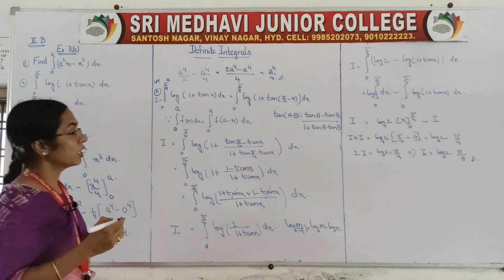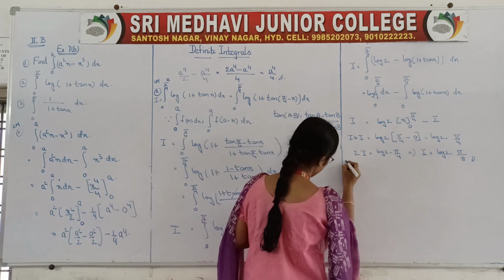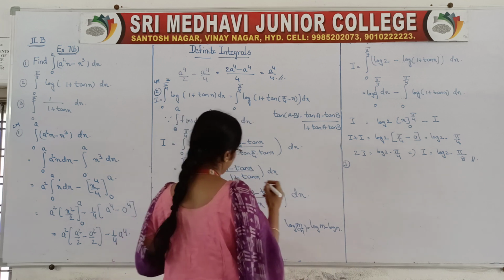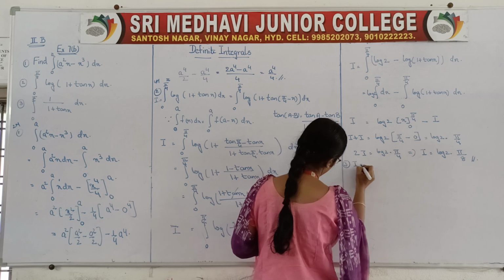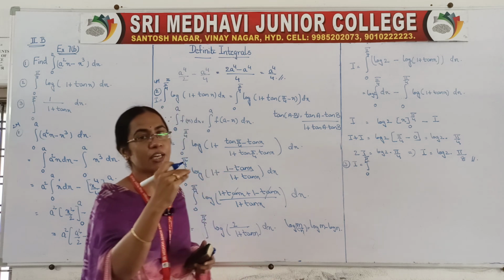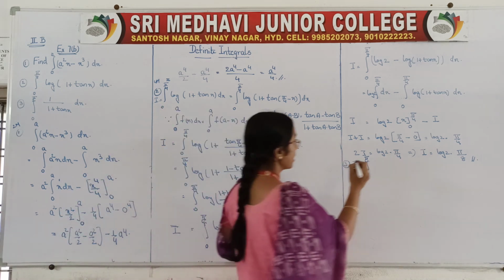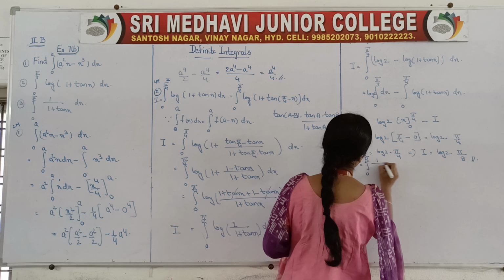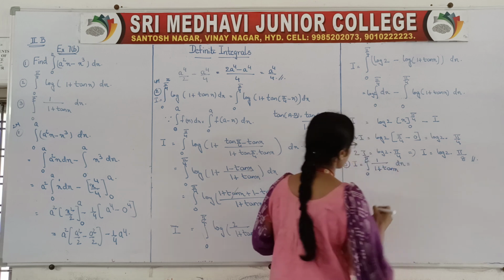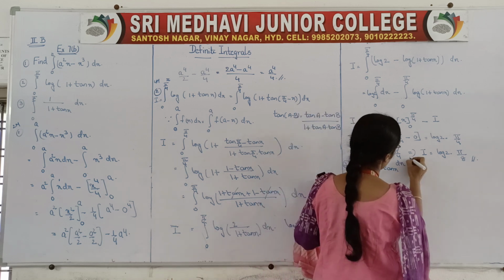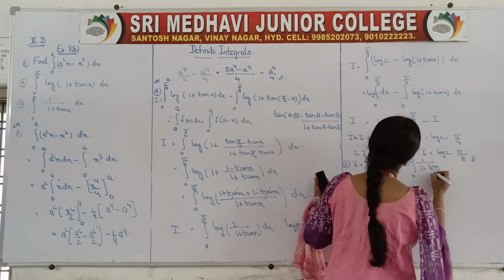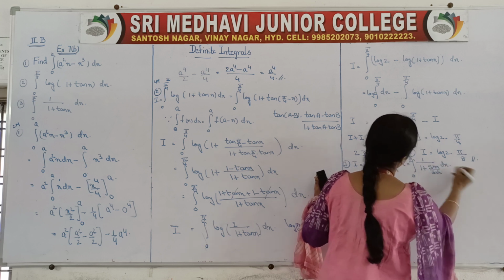Okay, now come to your third question. What is your third question? Integral 0 to pi by 2, 1 by 1 plus tan x. So you consider that as I, generally for 0 to some value, we consider that as I. The question is given as 1 by 1 plus tan x into dx. So we can write this as integral 0 to pi by 2, 1 by 1 plus sin x by cos x into dx.